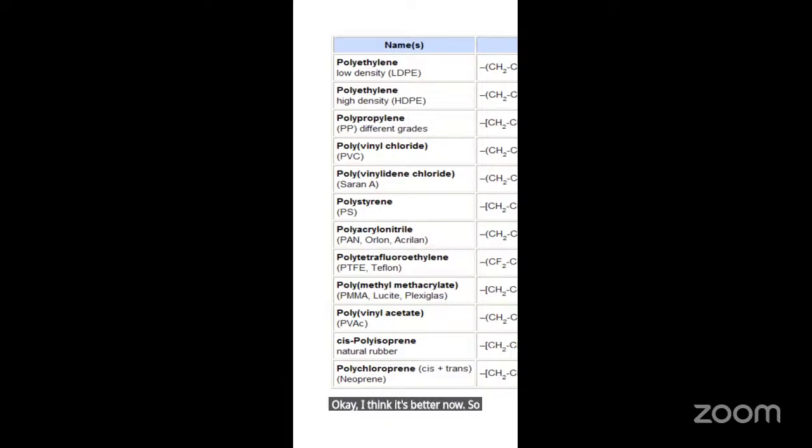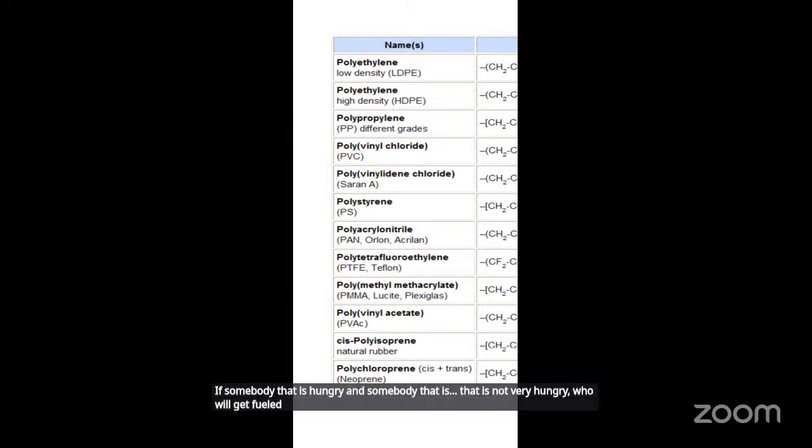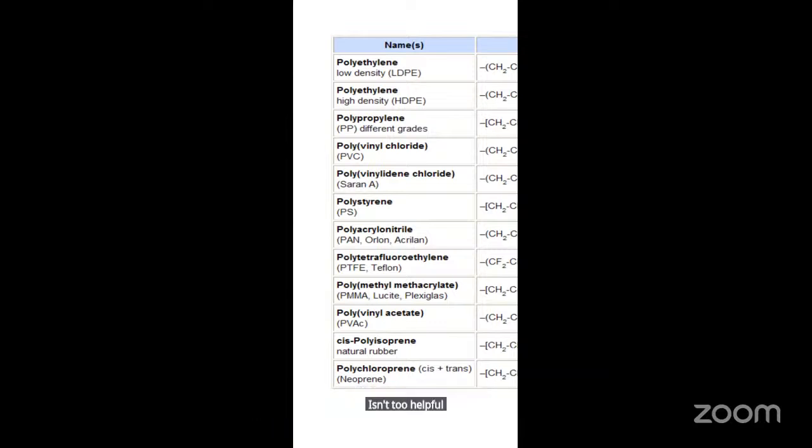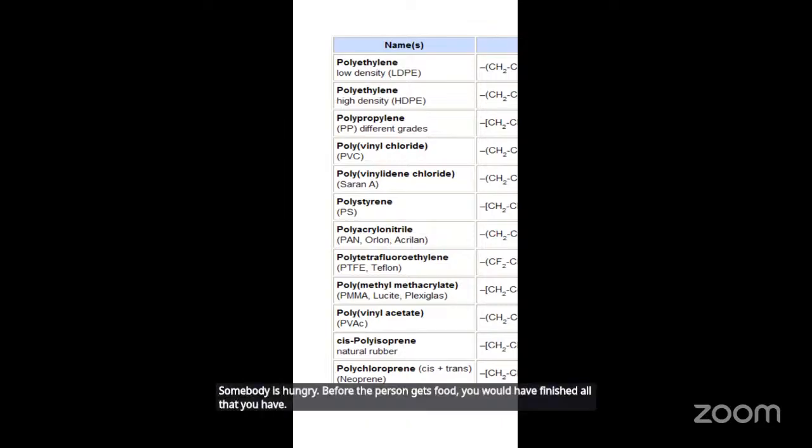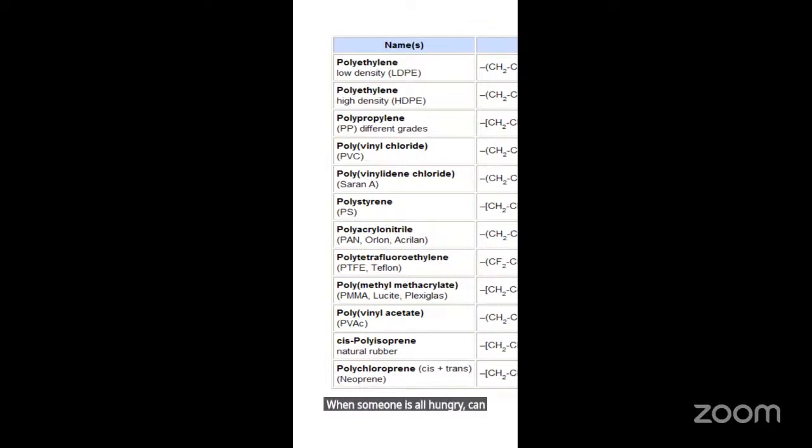So for alkyne to react, it's like telling yourself, if somebody is hungry and somebody is not very hungry, who will get food fast? Somebody that is hungry, before the person gets food, you would have finished all that you have. But somebody that is not hungry can easily be filled.